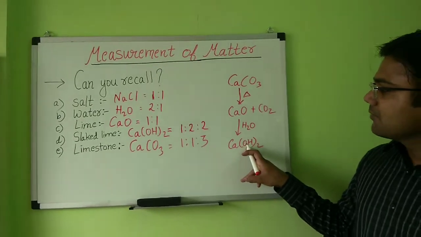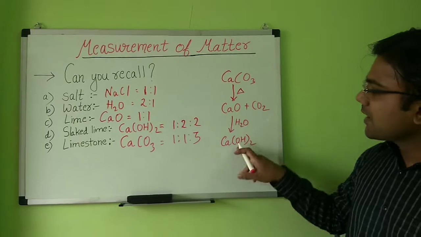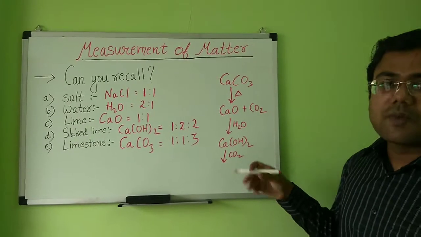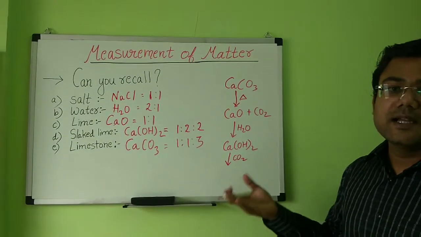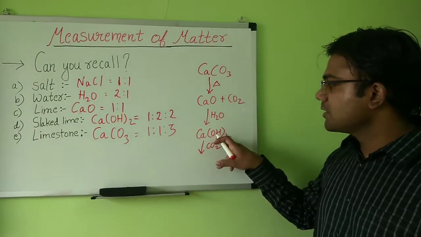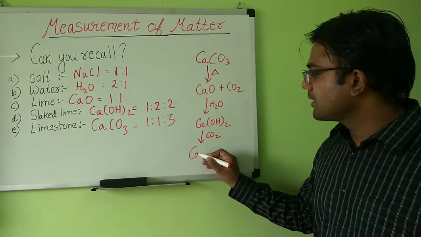When we want to convert this slaked lime or lime water again into calcium carbonate, you can blow carbon dioxide gas here by experiment or simply by mouth, because when we exhale the air, carbon dioxide is exhaled. When we blow air from our mouth in this solution, that solution turns milky because of the formation of calcium carbonate.